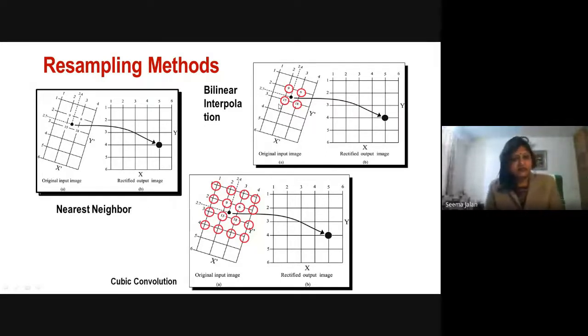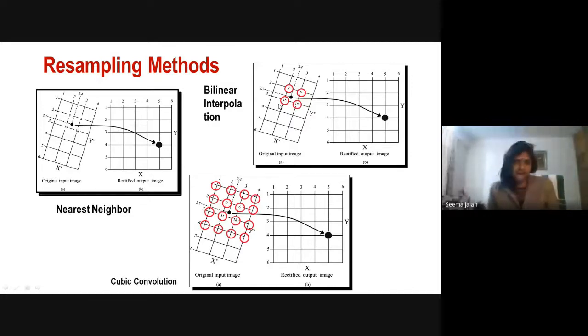But then why don't we just leave nearest neighbor when it is not giving us good results? One good thing about nearest neighbor is that it retains the original pixel values. It is not changing the original information. In bilinear interpolation, you are changing the original information, as you are calculating the average of 4 pixels, and in cubic convolution, 16 pixels.